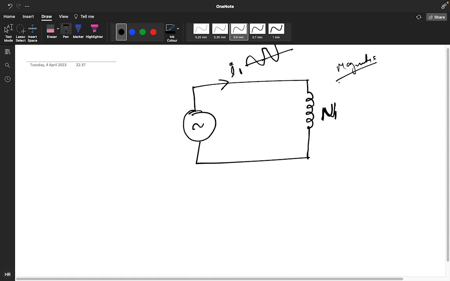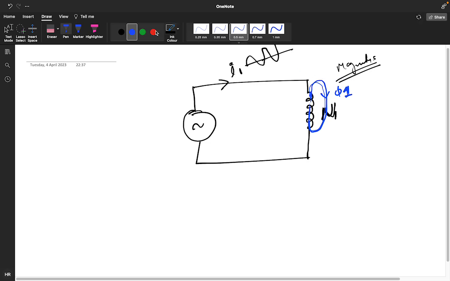Magnetism will develop. This magnetism is represented by flux. So this is your flux, which we represent as φ1.